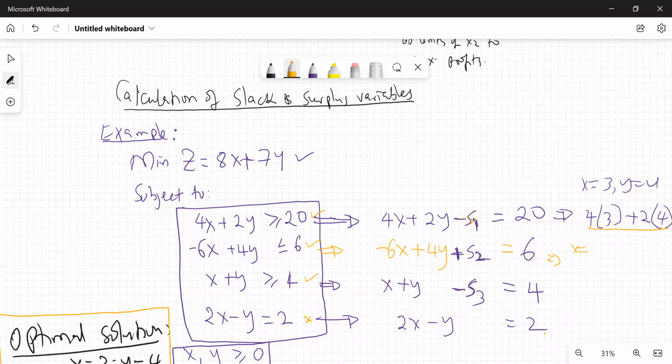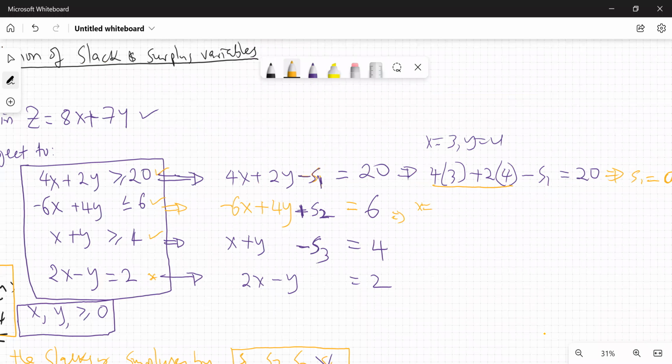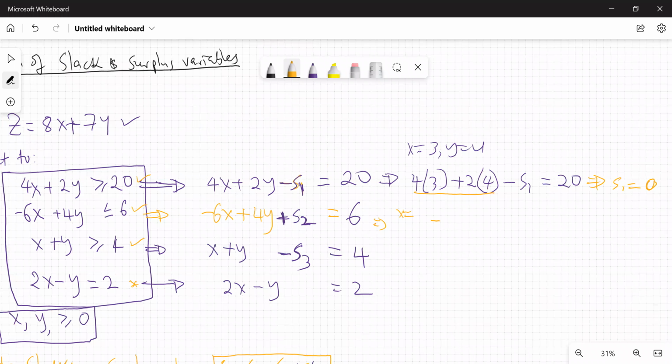Now, we do the same for the second constraint. So here we're going to have minus 6 of 3 plus 4 of 4 plus S2 is equal to 6. So in this case, what is the value of S2? If you do a quick math, S2 looks like 8. Good.